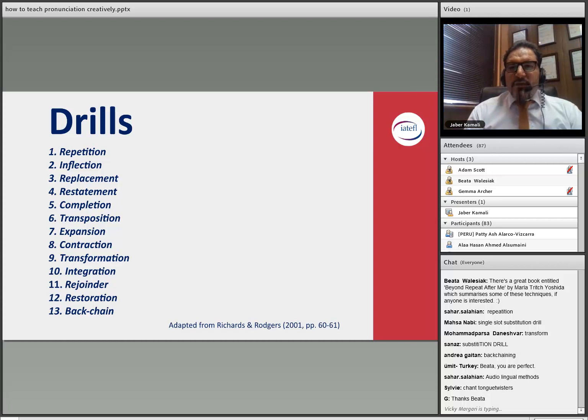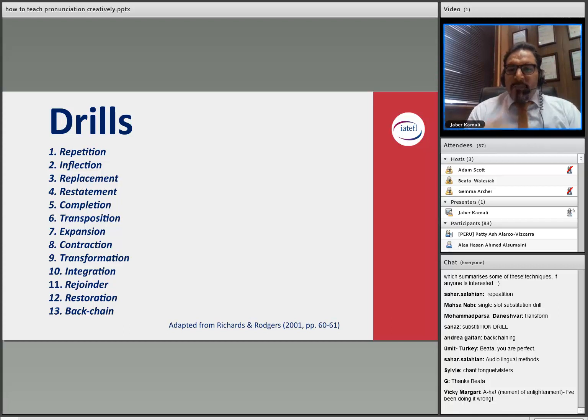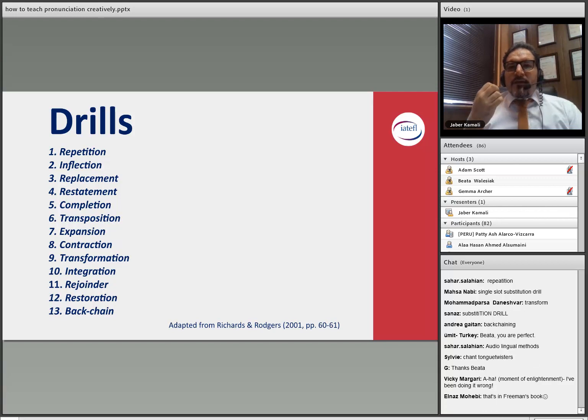In this way it becomes easier for the learners because it goes to chunks, and chunks are easier to remember than the whole sentence or the whole phrase. Even when it comes to words, say for example, how can I say that? Specificity. It's a bit difficult to pronounce.